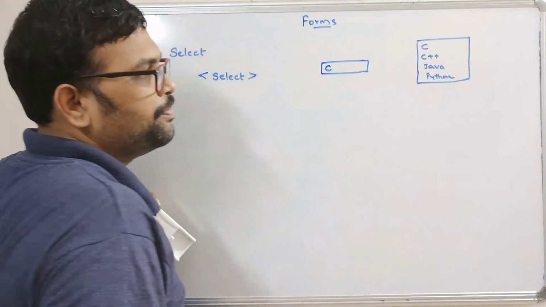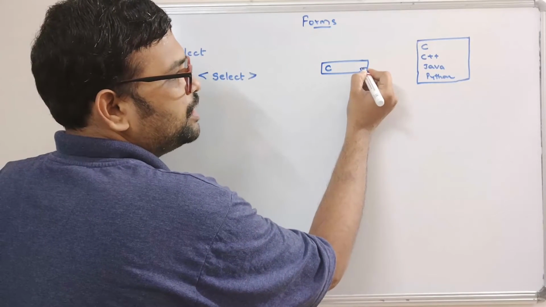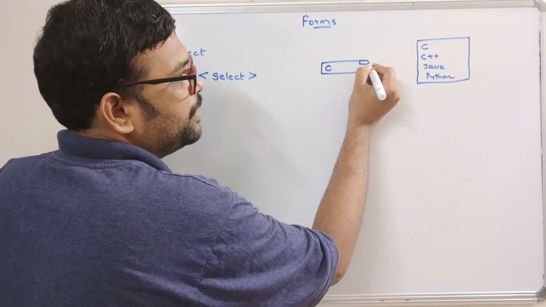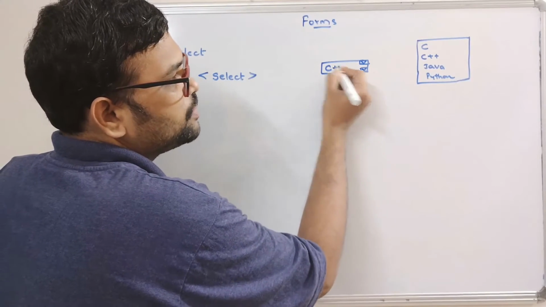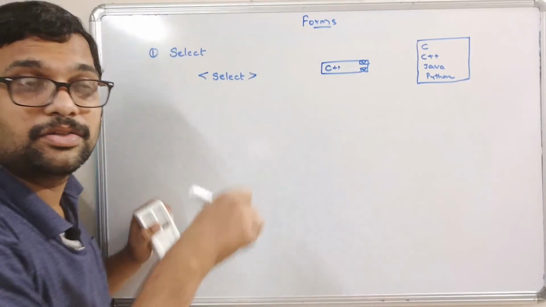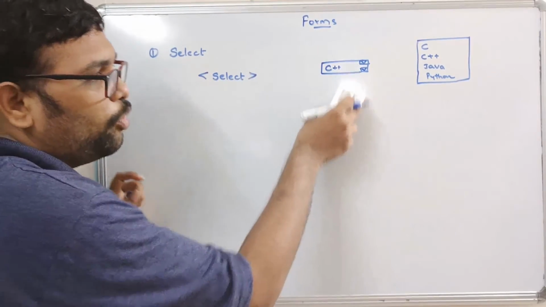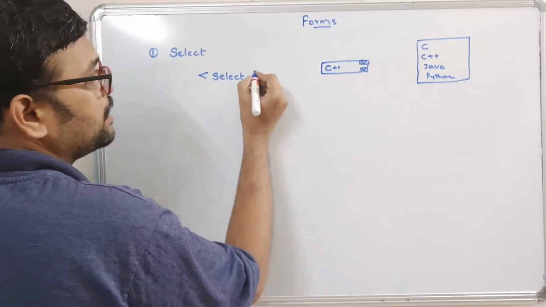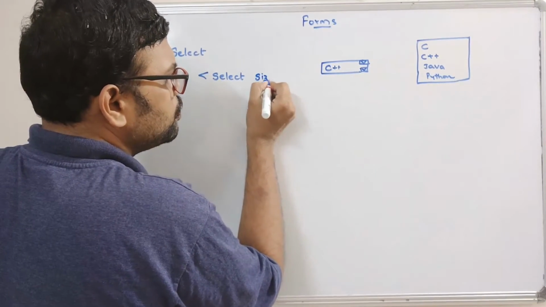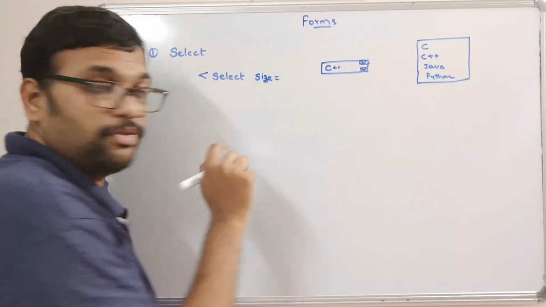Here it will be C, and here there will be a scroll bar. If you press this one, automatically we'll get C++. If you press this one, automatically we'll get Java, right? So how many elements should be displayed while displaying the select is the size attribute. Don't worry, I will execute the program so that it will be understood, right?